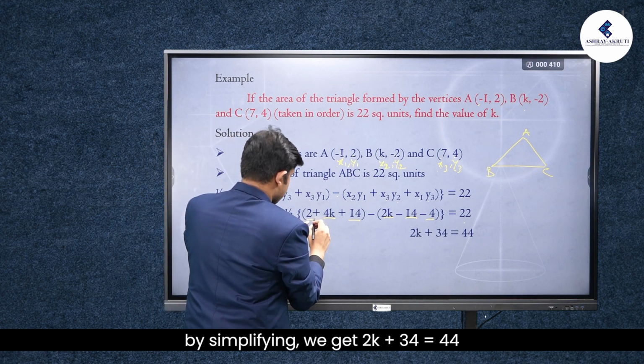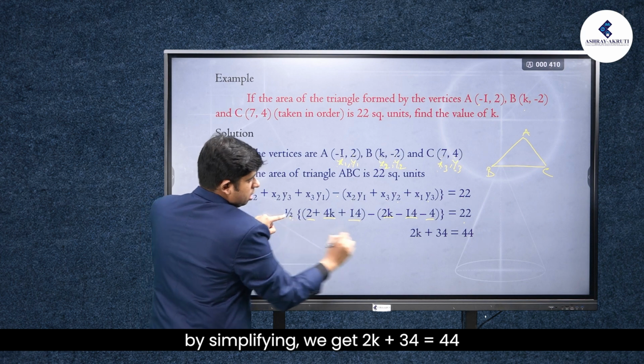By simplifying, we get 2k plus 34 is equal to 44.